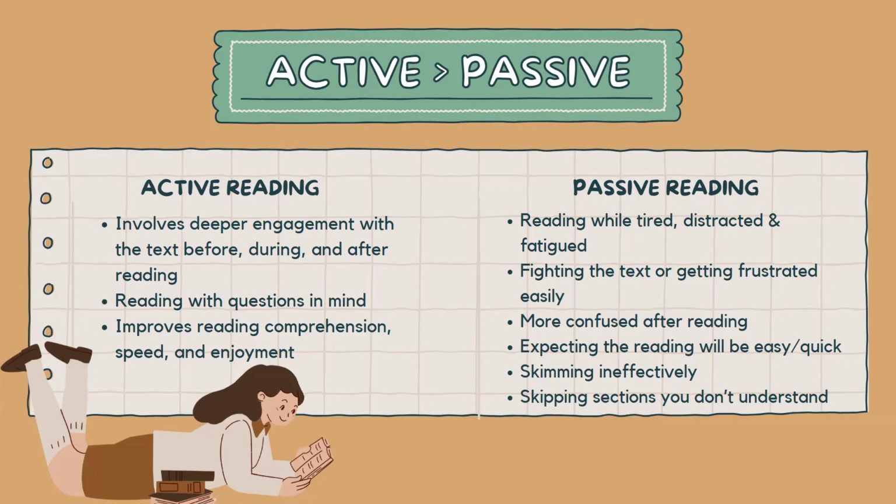But something I really want to emphasize, especially between active and passive reading, is that active reading takes a lot of practice. It takes a lot of discipline. If you've ever heard about the Pomodoro technique, which is something I love to talk about in a lot of my workshops, it is one of the best techniques you can use to help you with active reading.